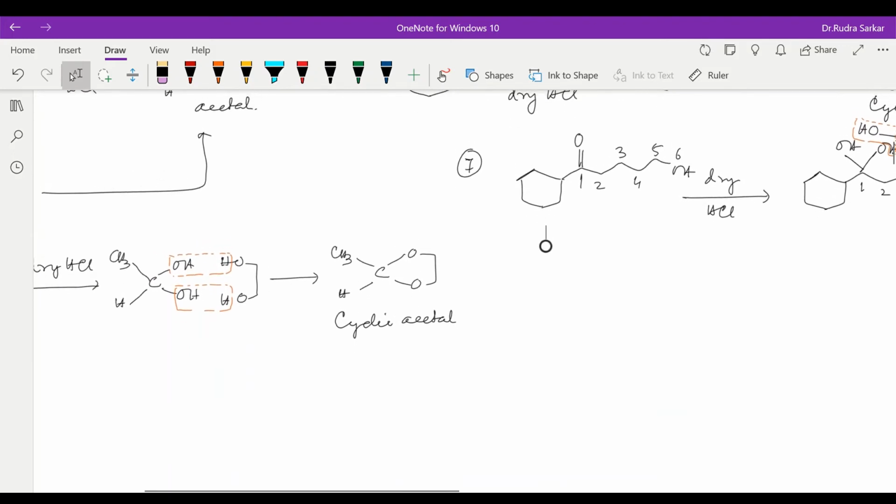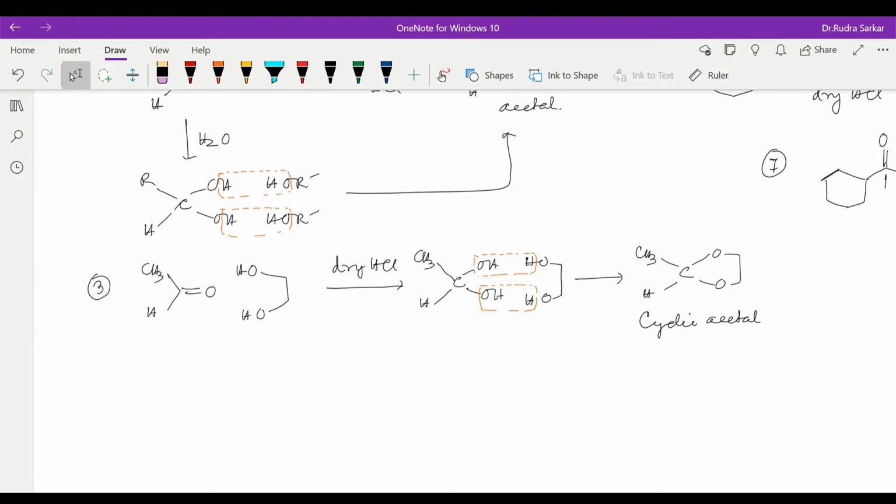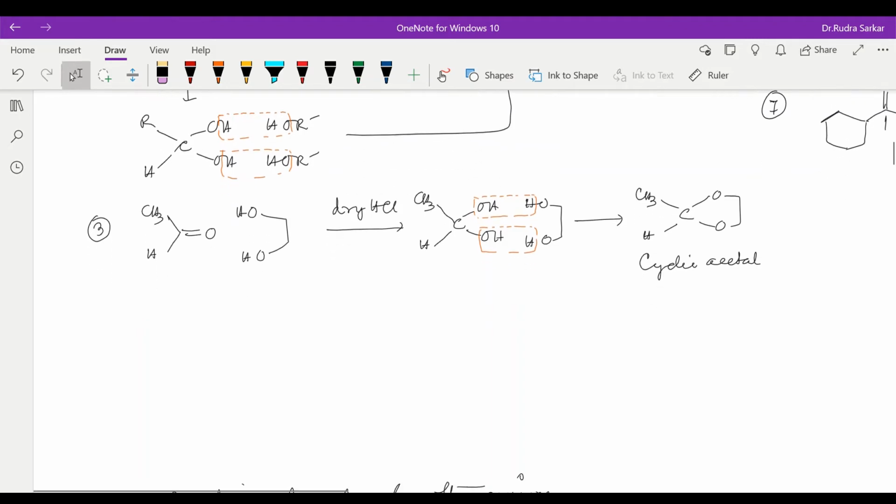Now, most of the books will be discussing the formation of acetals and ketals, but there are certain questions in which we are asked the starting material. Okay, so how to find starting material?